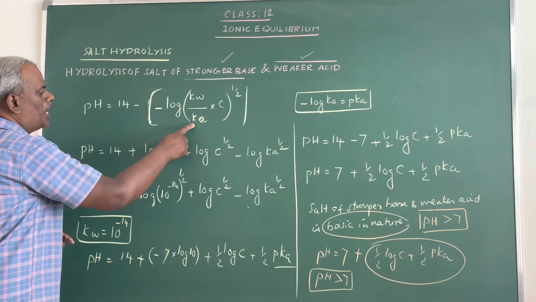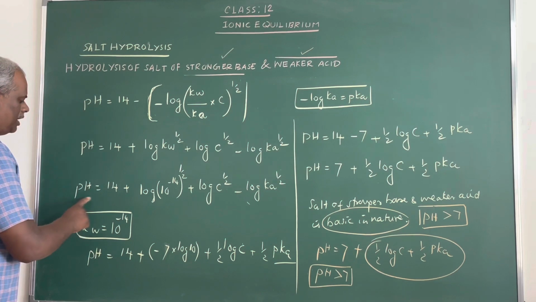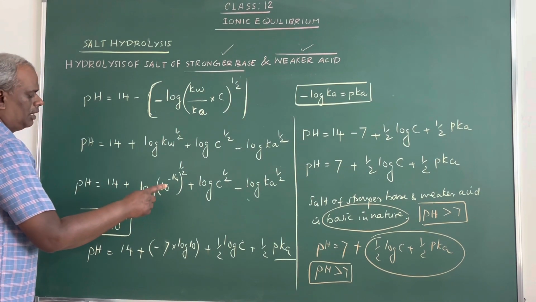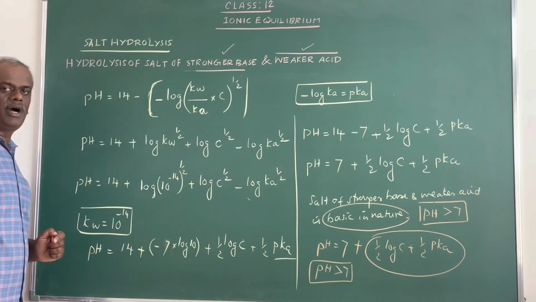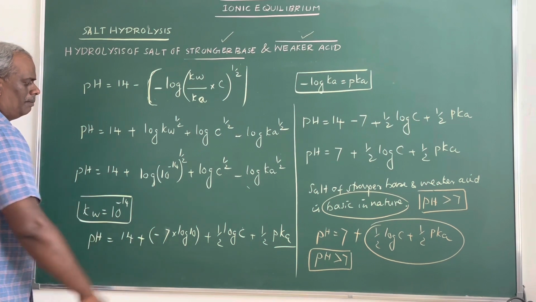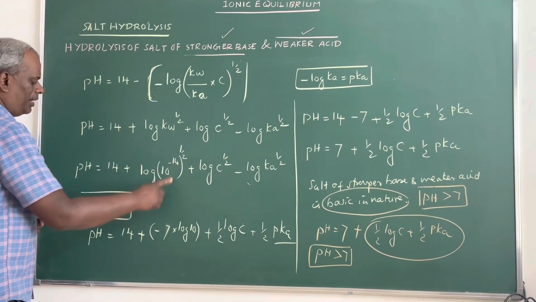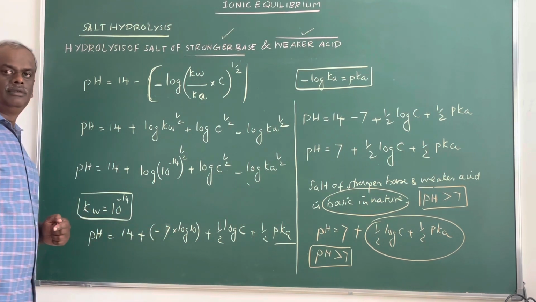Ka is in the denominator, it is taken to the numerator. And we are writing pH equal to 14 plus log of 10 power minus 14 the whole power half. Minus 14 power half is nothing but minus 7. That minus 7 is written here, minus 7 into log 10.